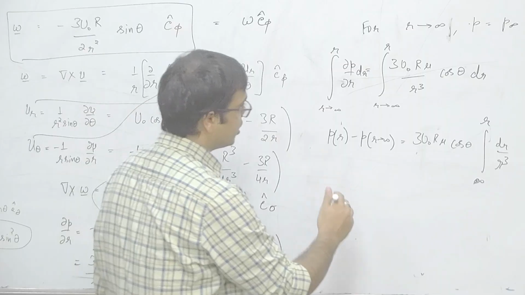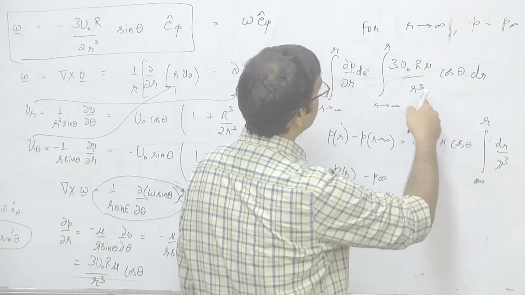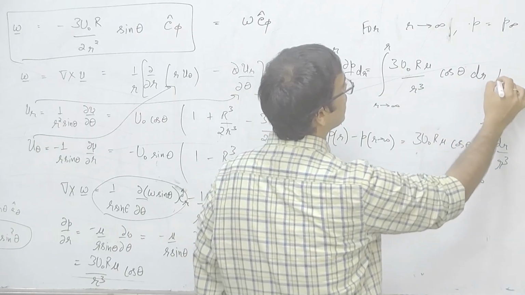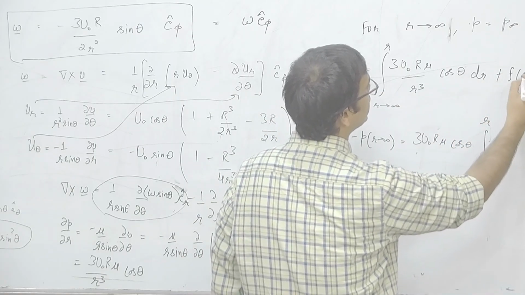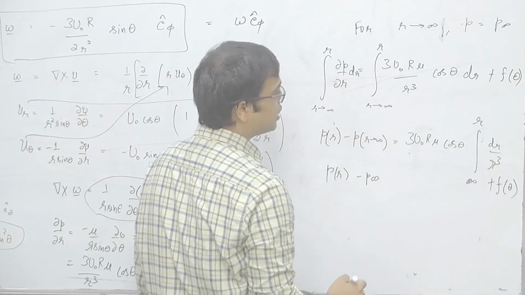And from here we will get P of r minus P infinity. If I am integrating with r, there has to be an arbitrary constant f of theta that I have to add.